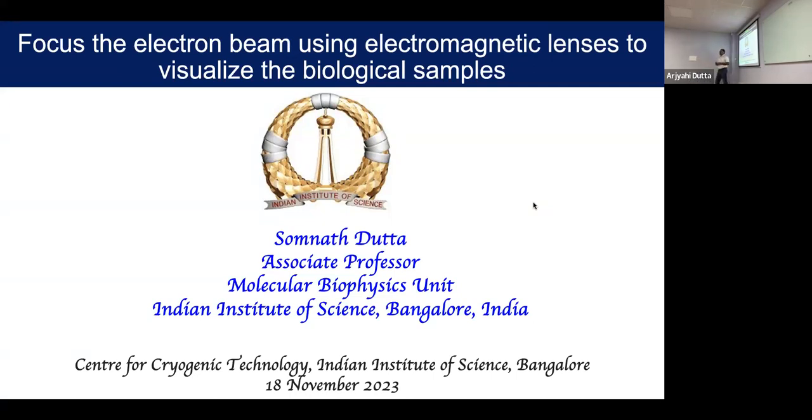Here I just want to add one small thing. There is a wrong concept all over India. You will find a microscope everywhere, in every university probably. But whenever you take a biological sample and go to check it, the first thing you will be told is no, you cannot use it because it is for natural science samples. A 300 kilovolt microscope, you cannot use, but a 300 kilovolt microscope is good for biological samples also.